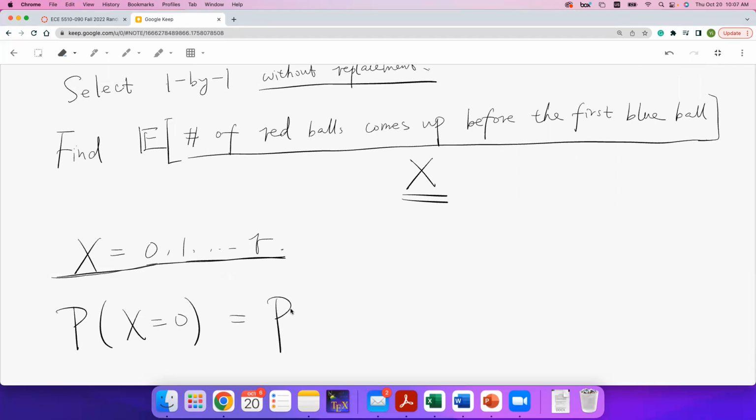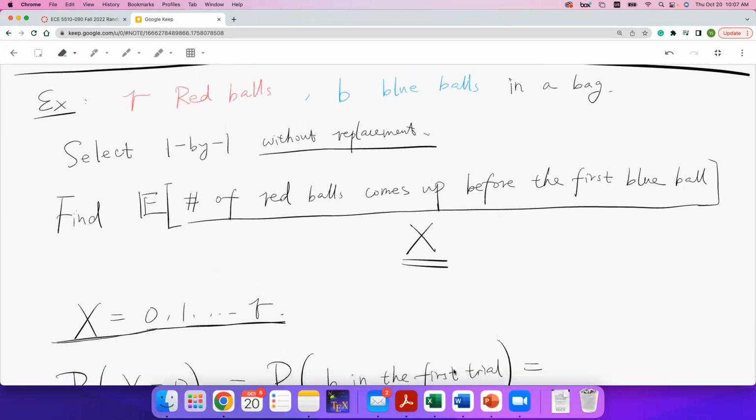Now, what is the probability of picking a blue ball in the first trial?